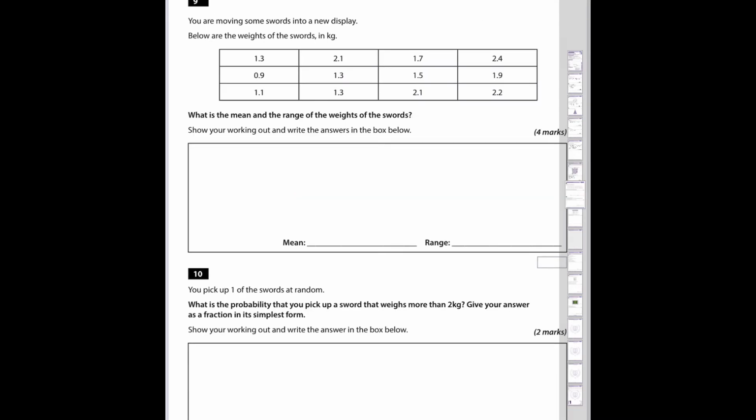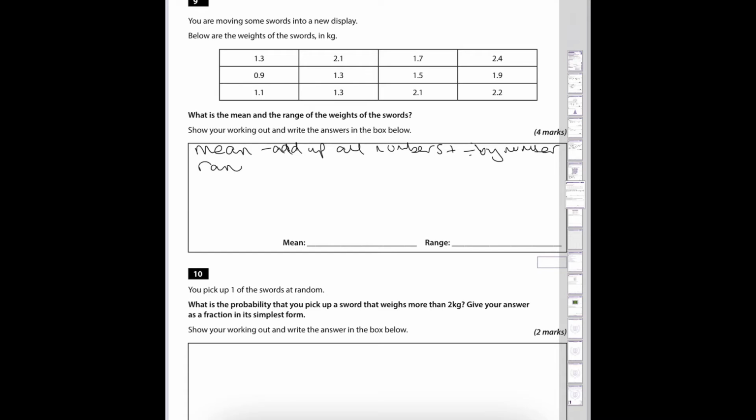Question 9. You're moving some swords into a new display. Below are the weights of the swords in kilograms. What's the mean and the range of the weights of the swords? So the mean, you add up all numbers and divide by the number of numbers.